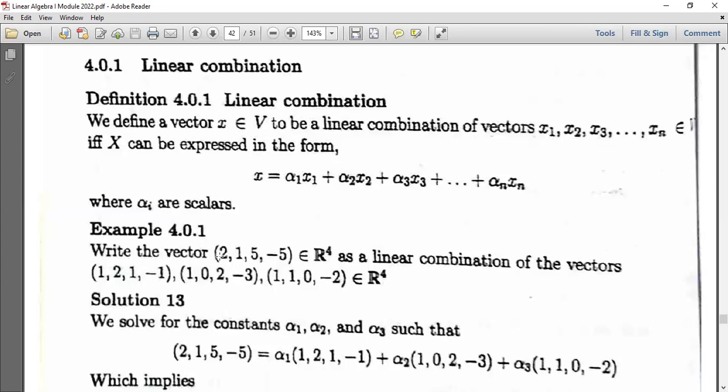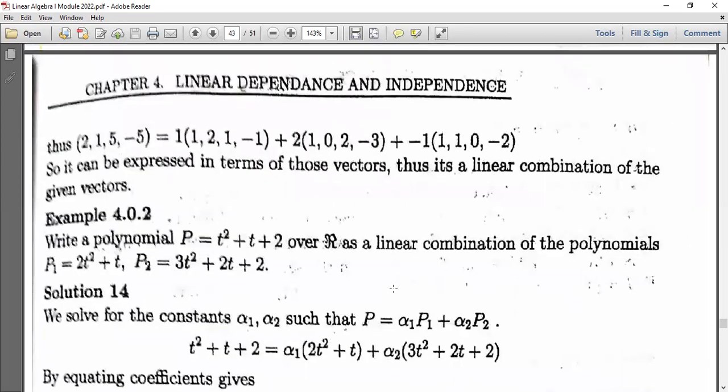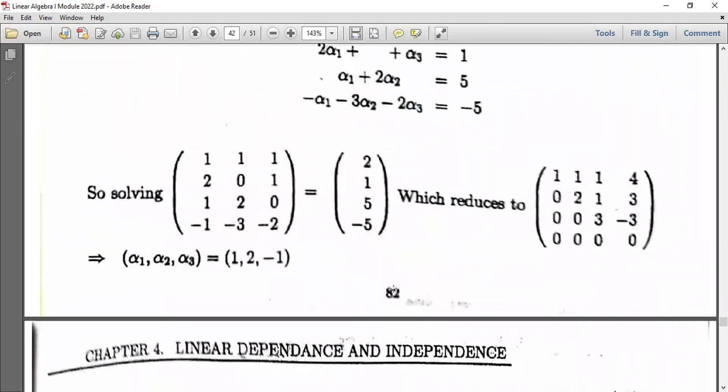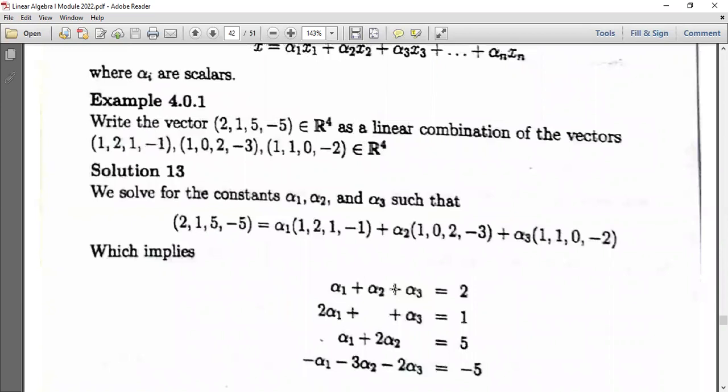We have the vector (2, 1, 5, -5) in R4. You see, they are 4-dimensional, so they are in R4. And we want to write it as a linear combination of 3 vectors. This, and that, they are also in R4. Remember, X is alpha 1 X1, and so on.